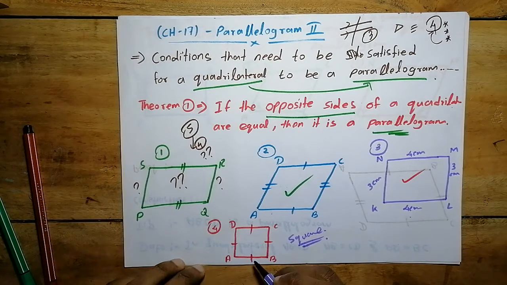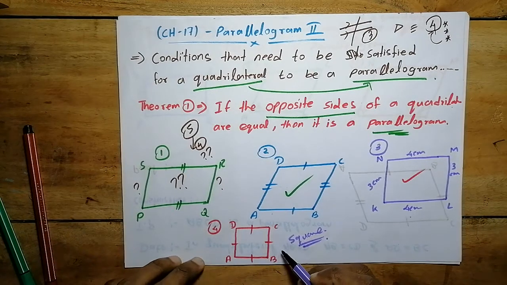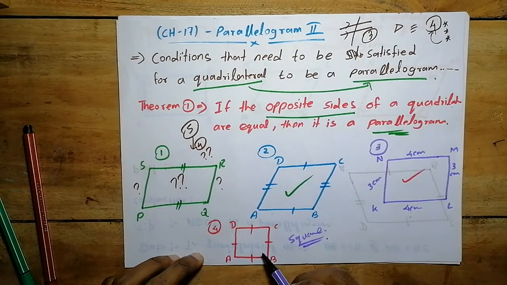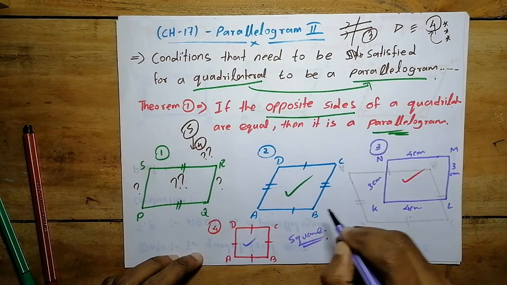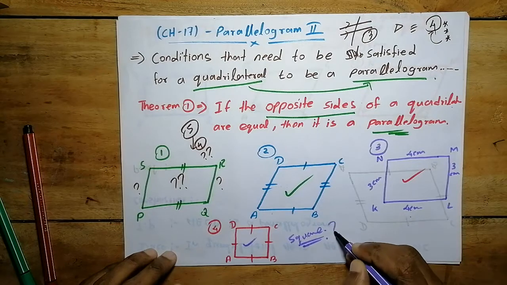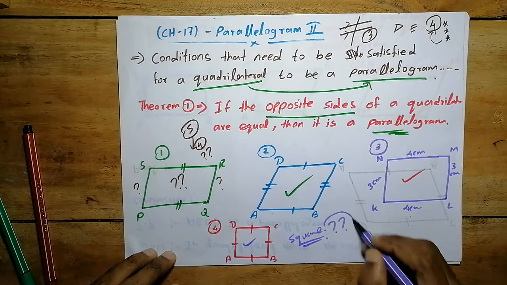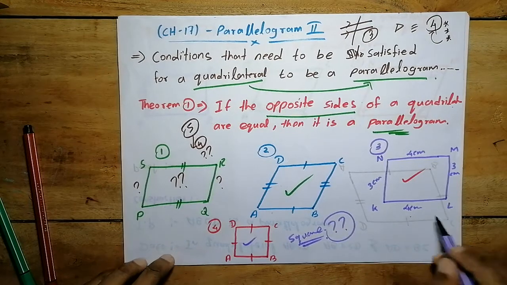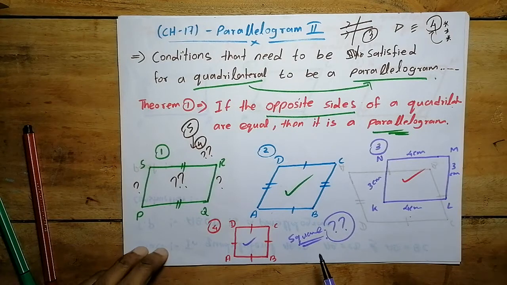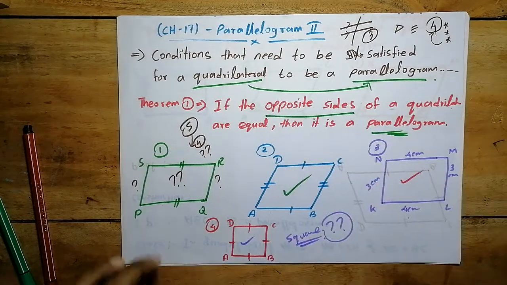But the opposite sides are also equal here, so ABCD is a parallelogram. So don't confuse: a square is a parallelogram. We'll study it in the last part of this parallelogram lesson too. Yes, a square is a parallelogram, because the opposite sides are equal.